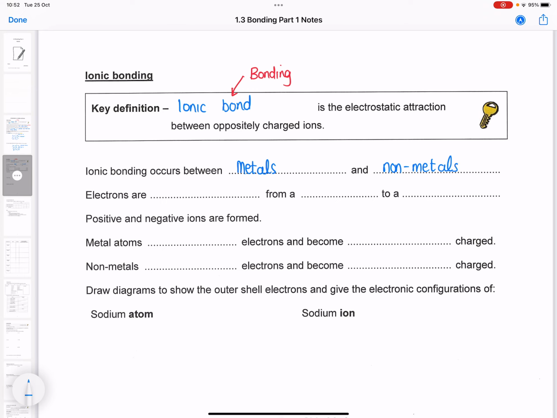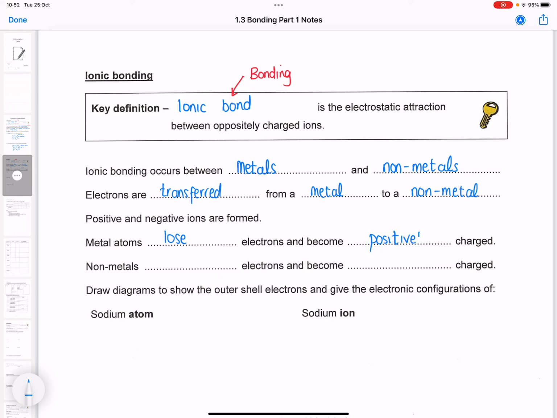And what happens is electrons are moved, they're transferred from the metal, who loses their outer shell electron, to the non-metal, who gains to complete their outer shell. And that forms positive and negative ions. So the metal ions lose electrons and become positively charged.